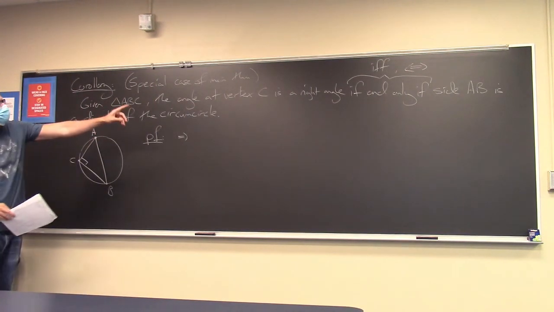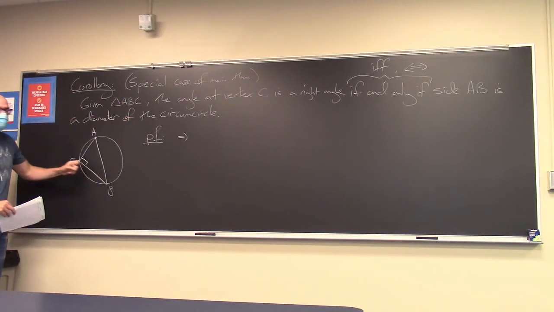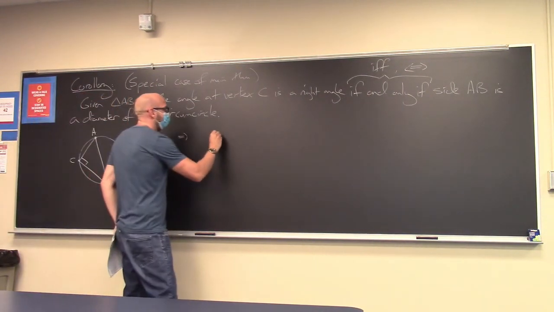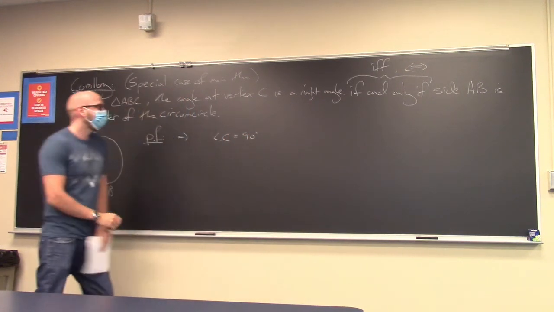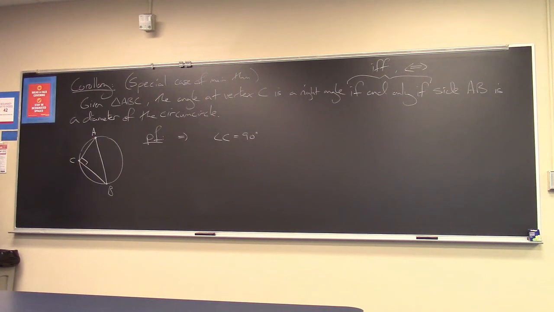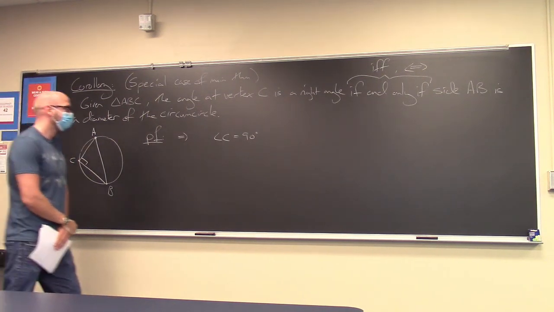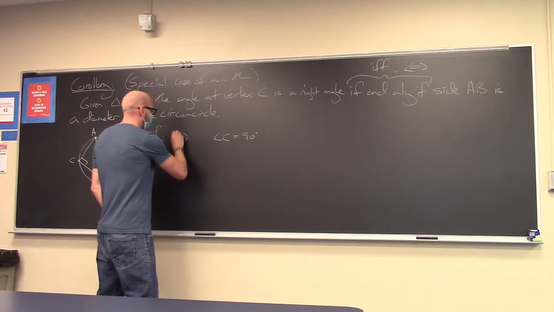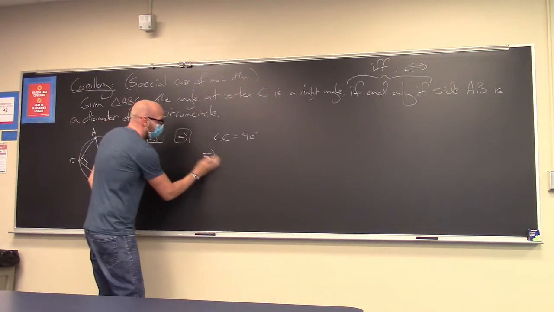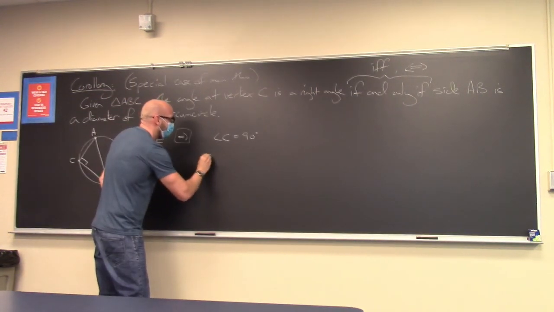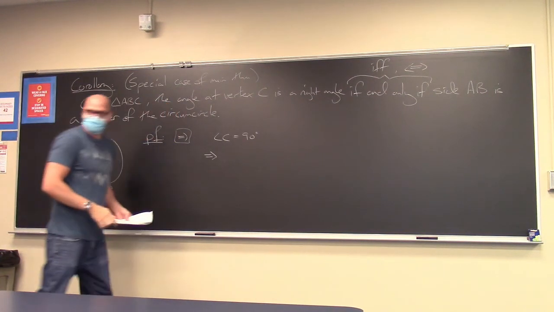Our assumption here is angle C is a right angle. So we'll just say angle C is 90 degrees. And this is going to be my proof, just a string of these logical implications after each other.